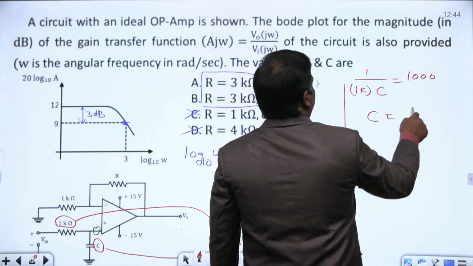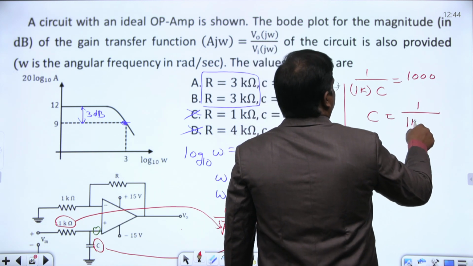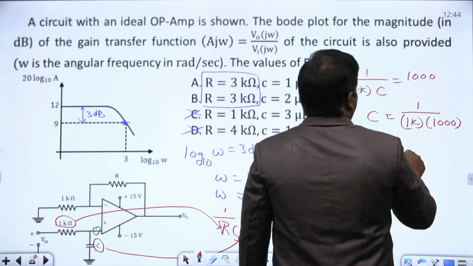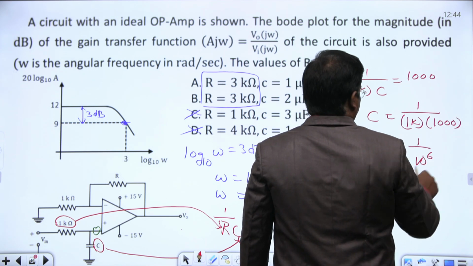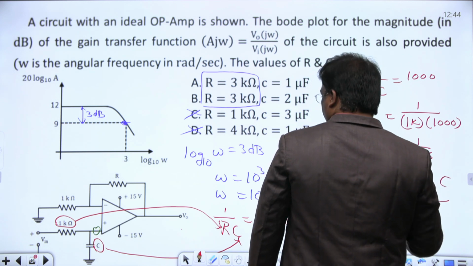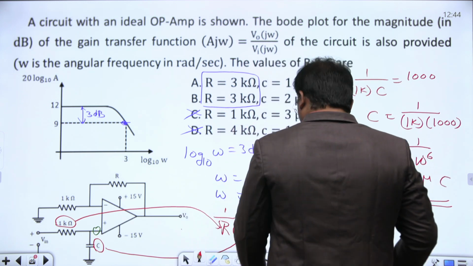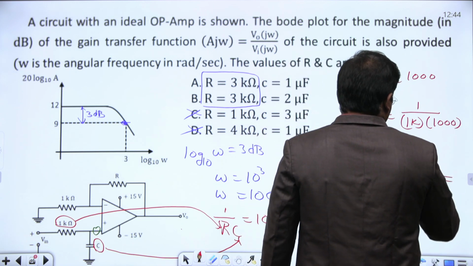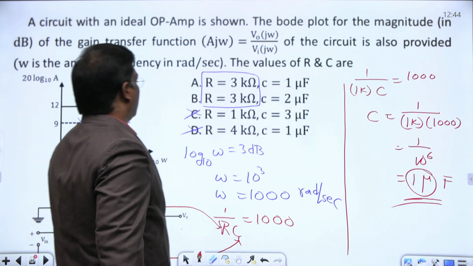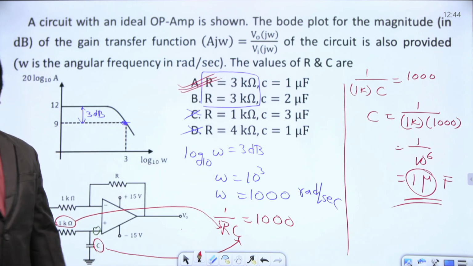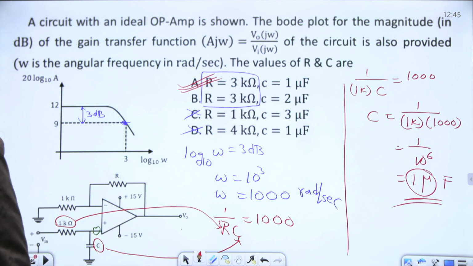What is the value of C then? 1 by 1k into 1000, or 1 by 10 power 6, or 1 microfarads. Sorry, 1 microfarad. The answer here, A, is the correct answer. That's all, simple question, nothing is there.